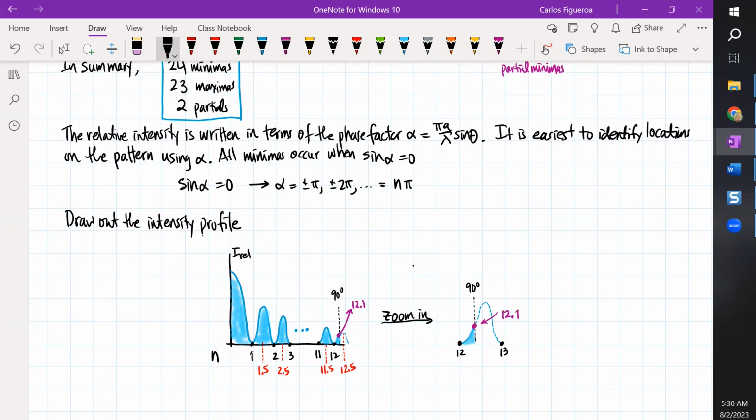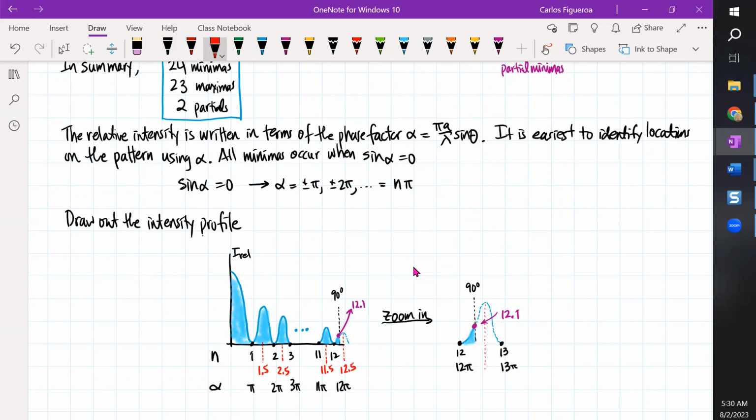So if I look at my alpha values, which is my preferred way to identify things, I know that these are going to be pi, 2 pi, 3 pi, 11 pi, 12 pi, right? So right here, this is going to be 12 pi. This is going to be 13 pi. And if I look right in here, these are the odd values.